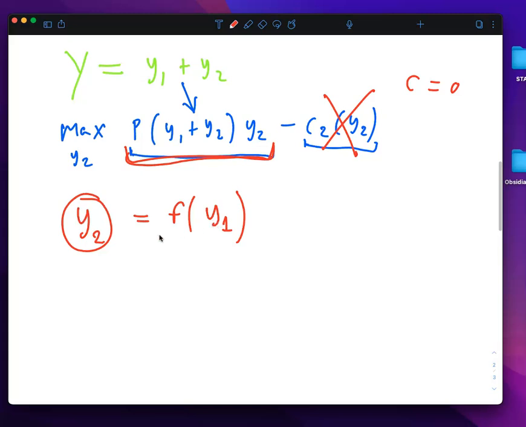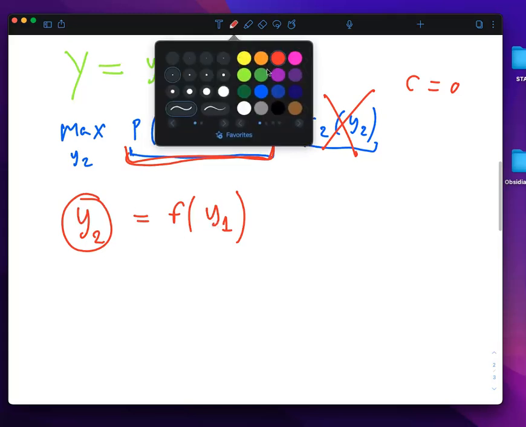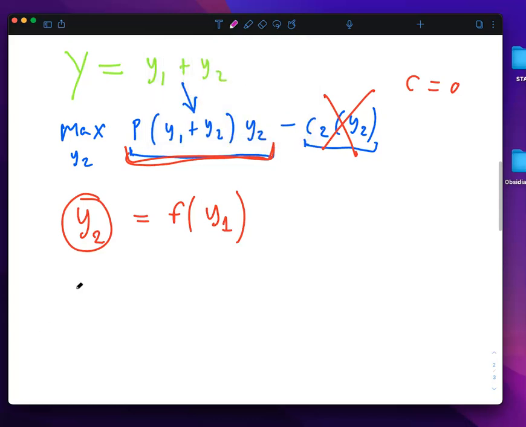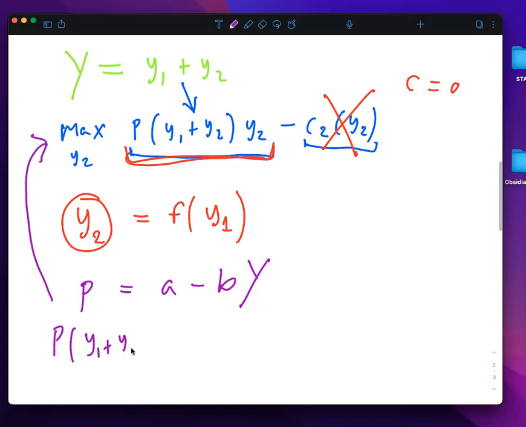Now, to use a general function to describe that, I'm actually going to write what's called an inverse demand curve. That is y. All right, and in this inverse demand curve, I'm going to rewrite this. So I'm going to say P is actually a function, just like I said up here. P is a function of the output.